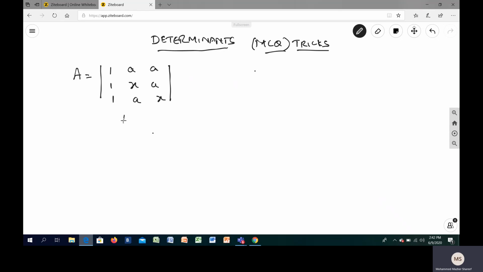So first we will do the row operations as usual, in order to form the triangular part below the diagonal. I'm doing R2 minus R1 and R3 minus R1 too.